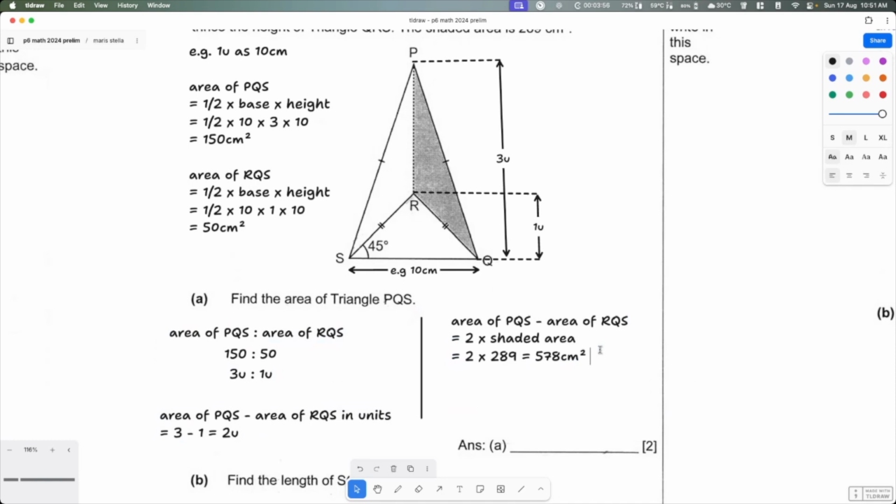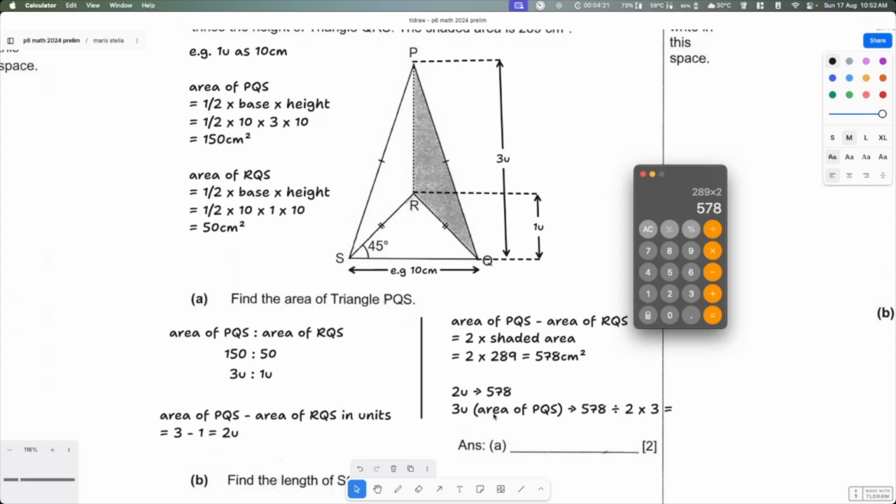So I'm going to write this down. 2 units is equal to 578. And then what's the area of PQS, which is 3 units? Area of PQS is equal to 578 divided by 2 times 3, which is basically 289 times 3.